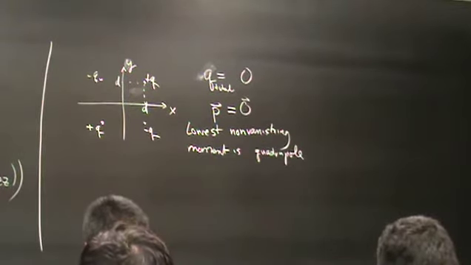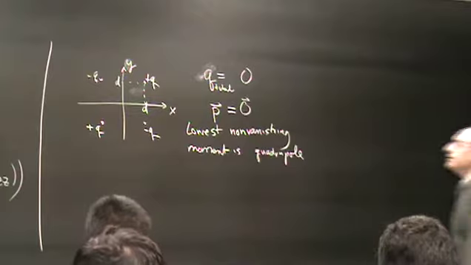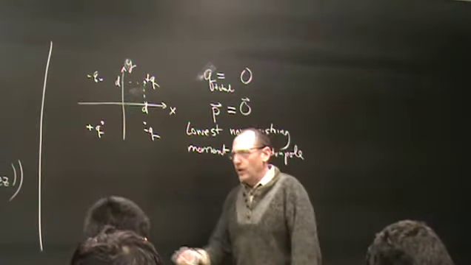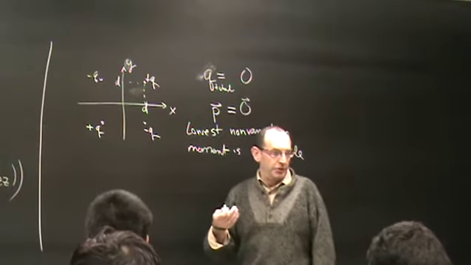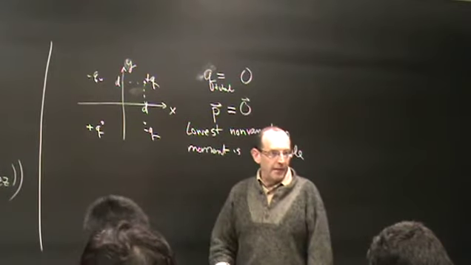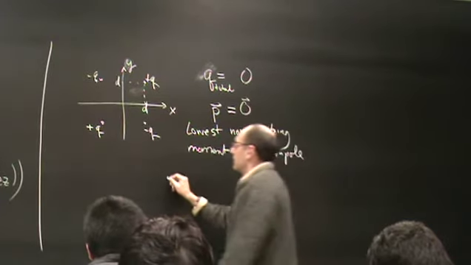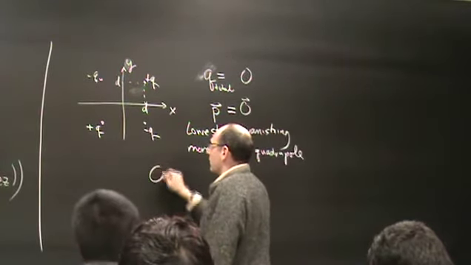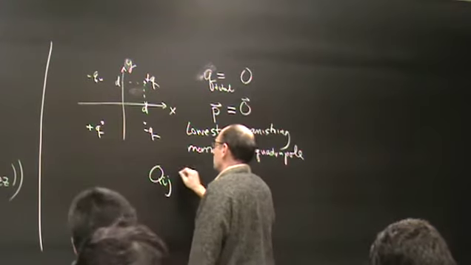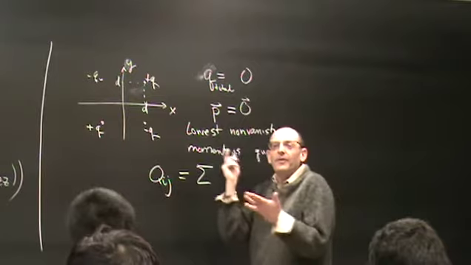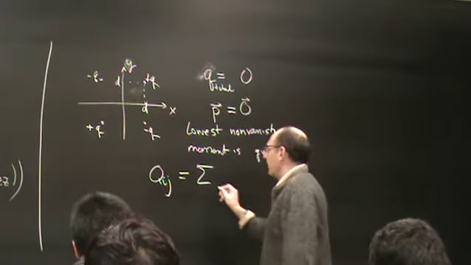All right. So in this case, instead of integrating over a continuous distribution, we're summing over a discrete distribution, right? So our moments of the distribution are the sum over all the charges. Now we need some label to label the charge. Let me call it alpha.